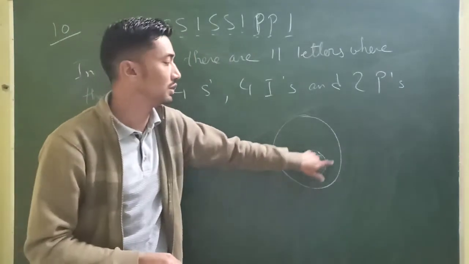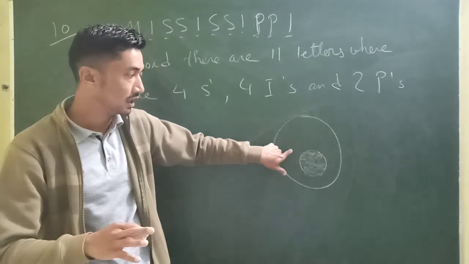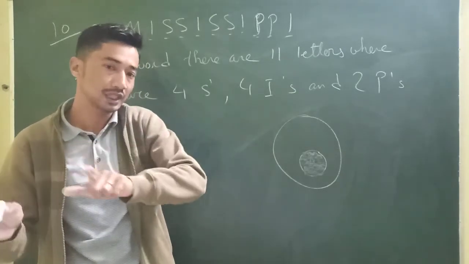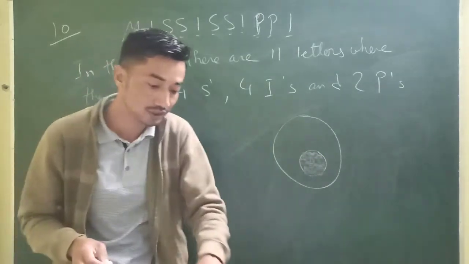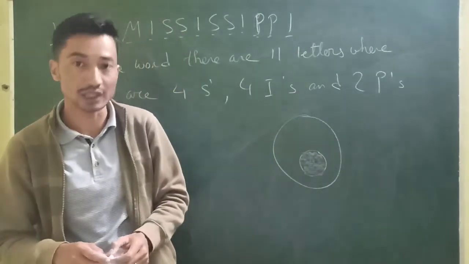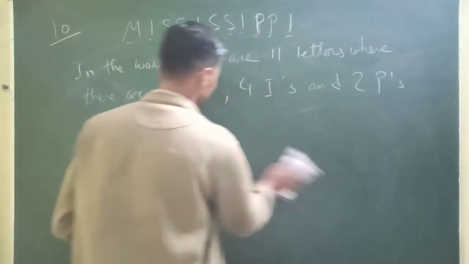We will be left with the arrangements of Mississippi except for the case where the four I's come together, and that solves our question, that the four I's never come together. You might still be confused, but don't worry, this is how we are going to do it.